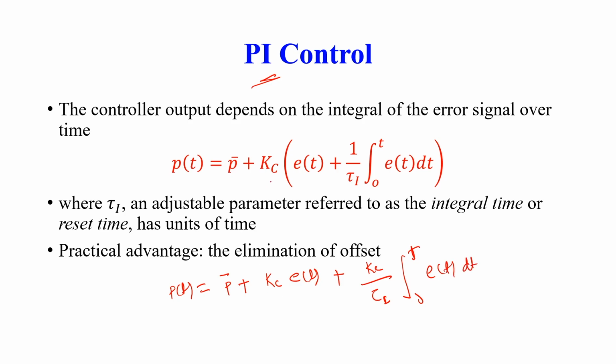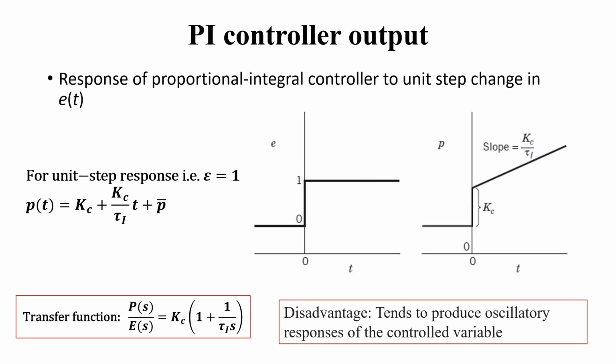So, one can take Kc out here, and in this way we have this proportional integral control. If you see its response, the first term Kc is coming from the proportional control, and Kc upon tau I is coming from the integral control.